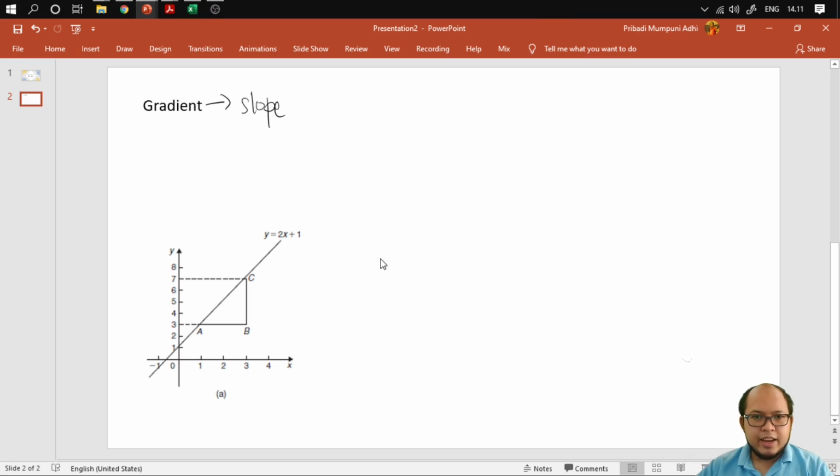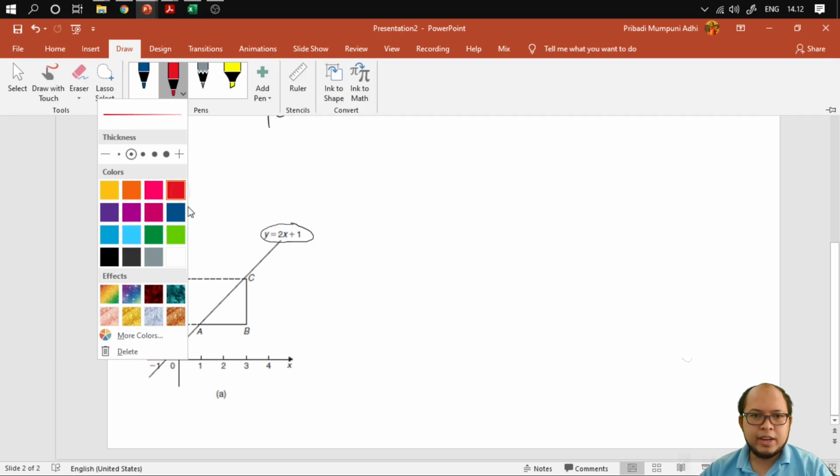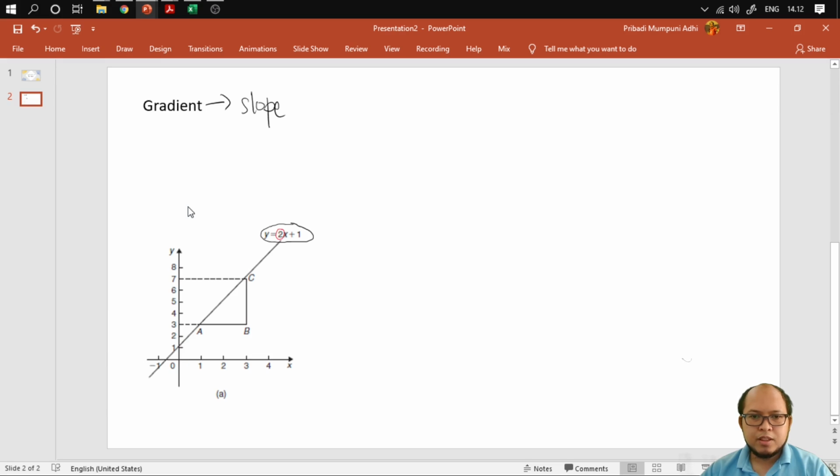This line has the linear equation of y equal to 2x plus 1. So what is the gradient? Clearly from the equation we can determine that the gradient is equal to 2. So this one is the gradient or the slope of the line.